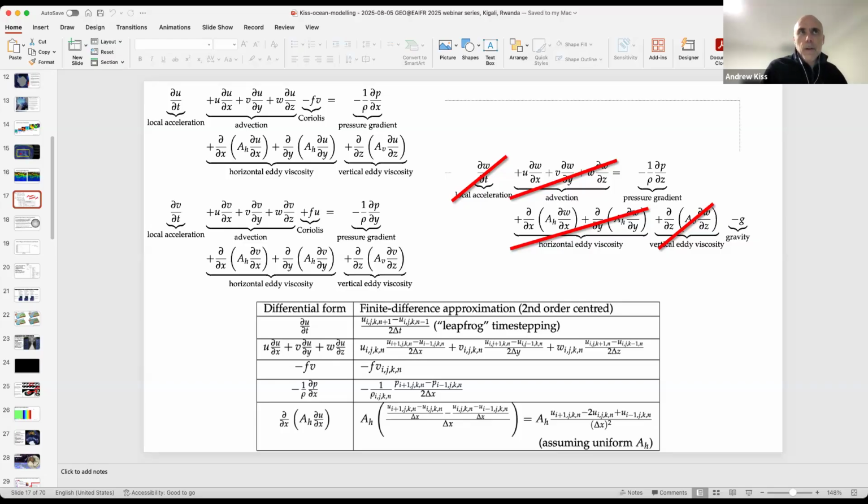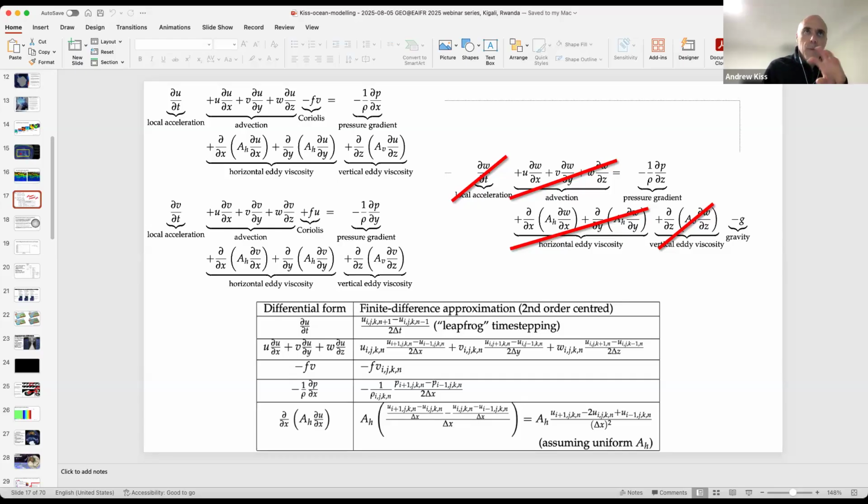We choose methods that are good enough and computationally cheap enough that we can afford to run them. But one of the issues is unwanted mixing between different isopycnal layers, and that can blur out the distinction between water masses and cause all sorts of problems.